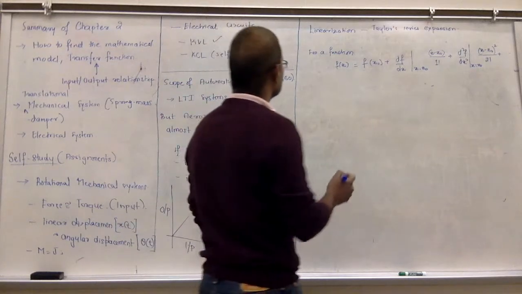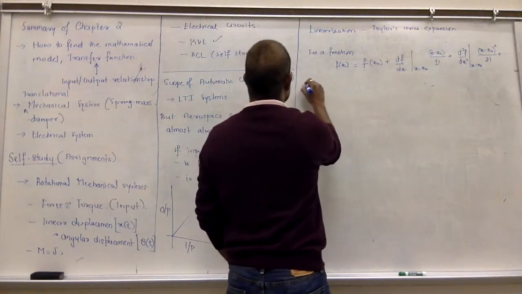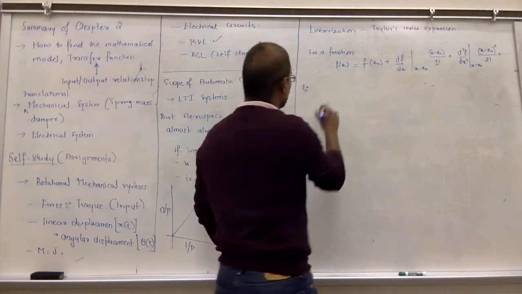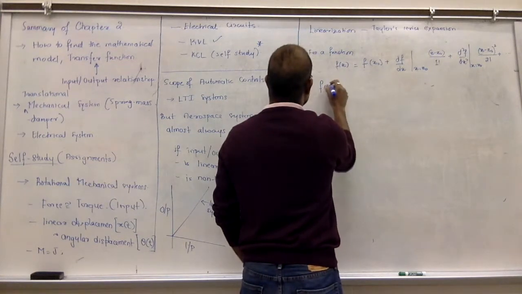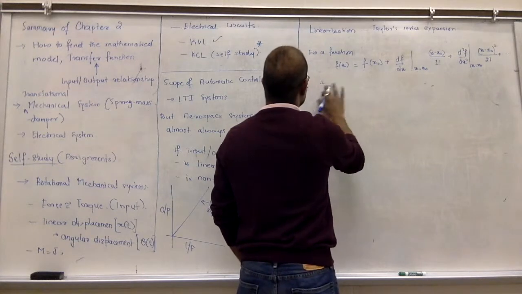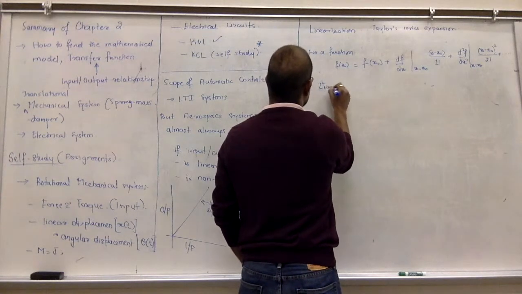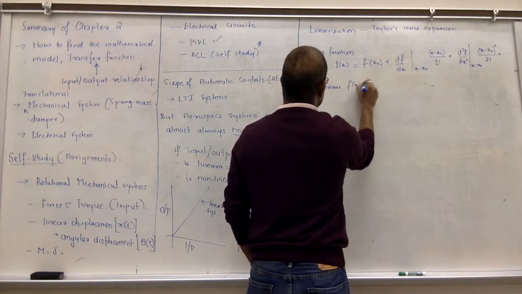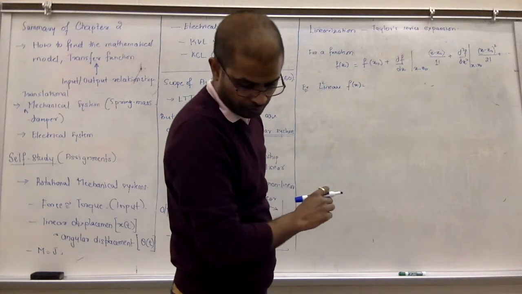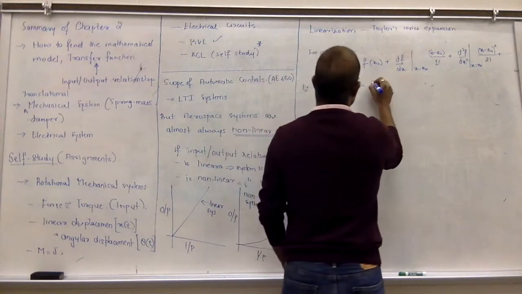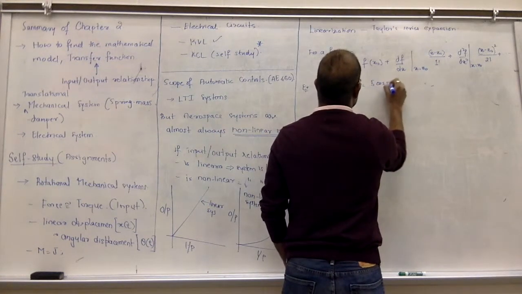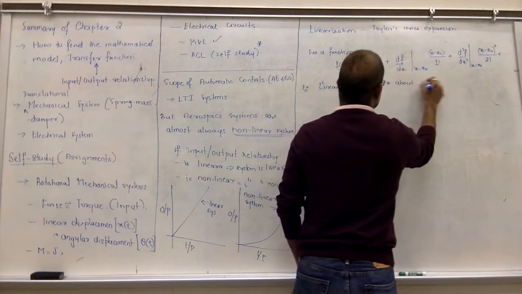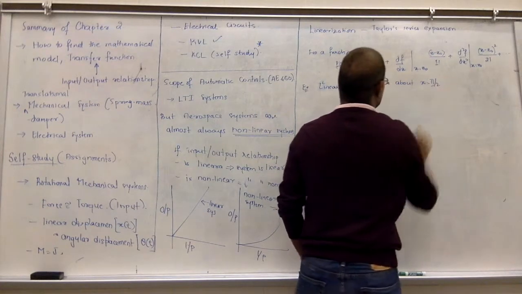A simple example would be: how do you linearize f of x equal to pi cosine x about x equal to pi by 2.